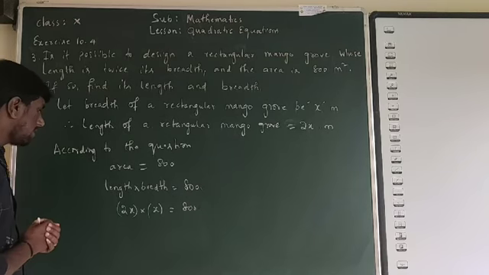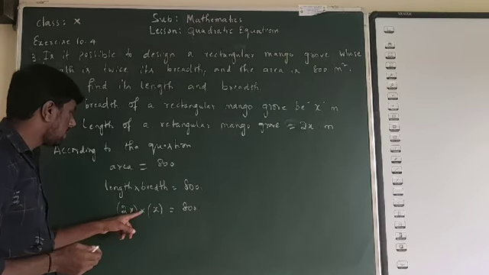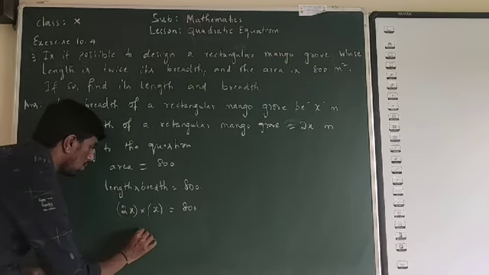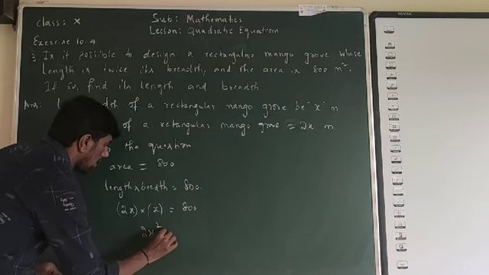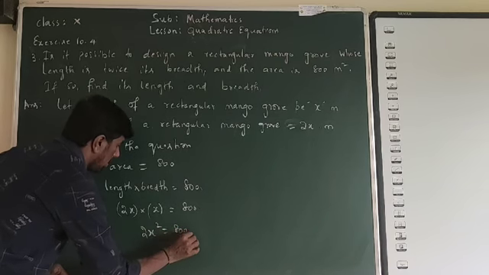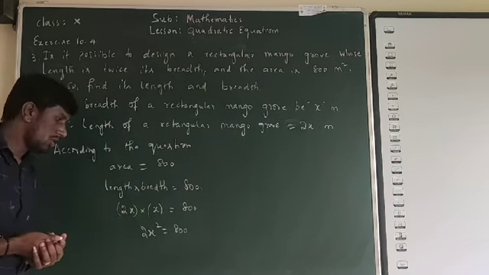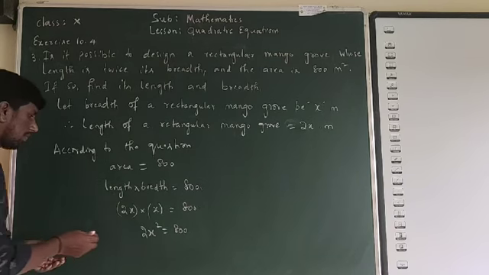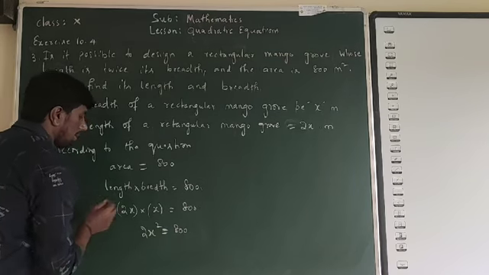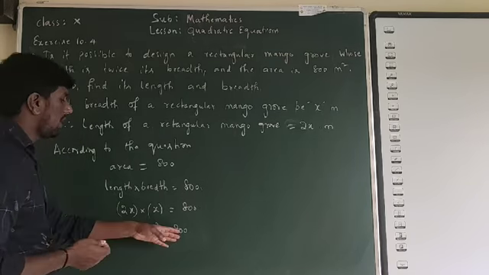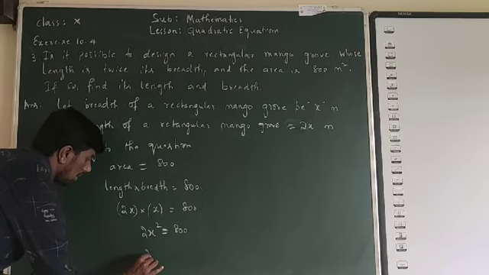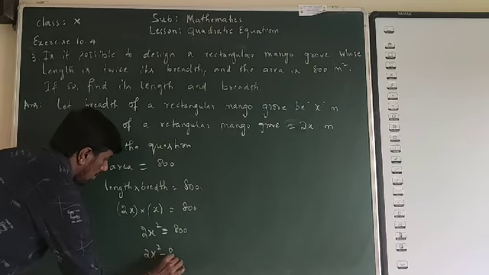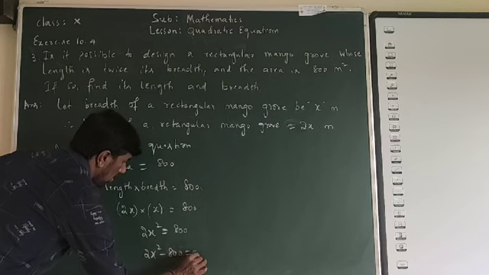It's very easy. Now multiply these two: 2x into x, 2x square is equal to 800. We will bring 800 to the LHS. What will happen? 2x square minus 800 is equal to 0.